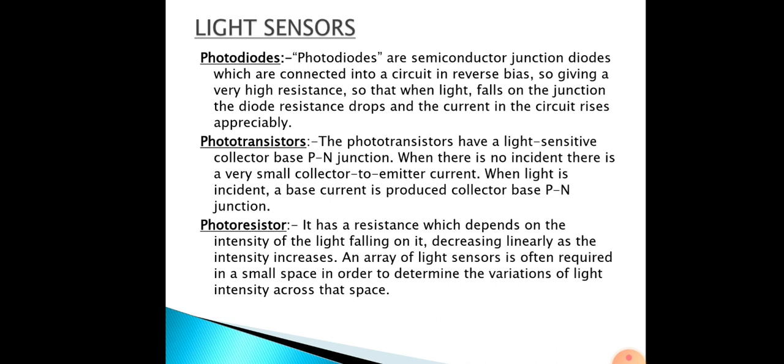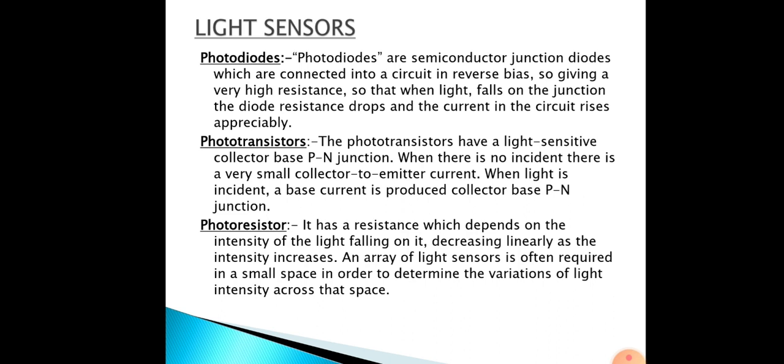The next one is the photoresistor. It has a resistance which depends on the intensity of the light. So depending on the intensity of the light, means how much light will fall, its resistance will be either increasing or decreasing. That is, it decreases linearly as the intensity of the light increases.